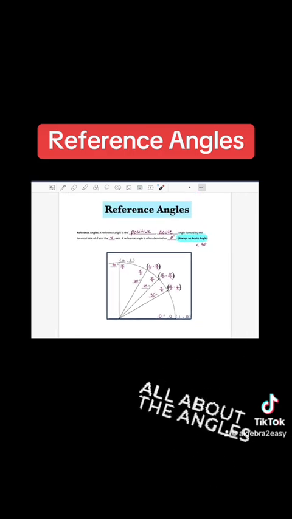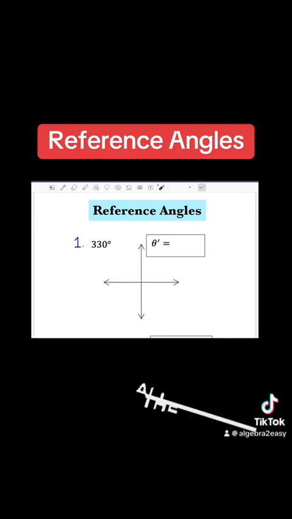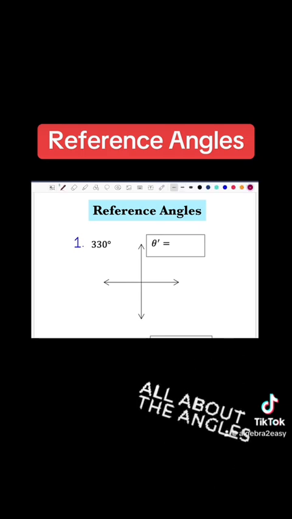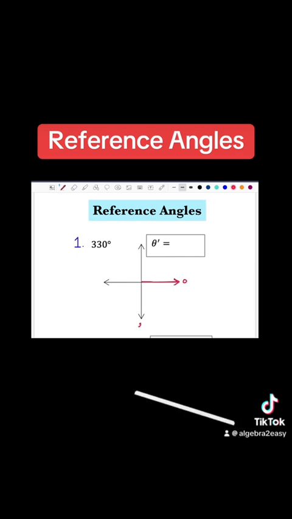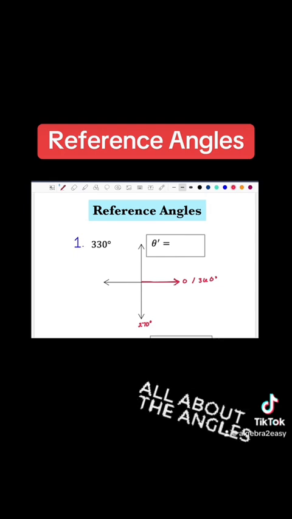And knowing what the reference angle is can help us solve a lot of trig problems. Let's try 330 degrees. Start by sketching the initial side of your angle. So we have 0. We need to sketch 330. Well, now we know that this is 270 degrees down here, and this is also 360 degrees.